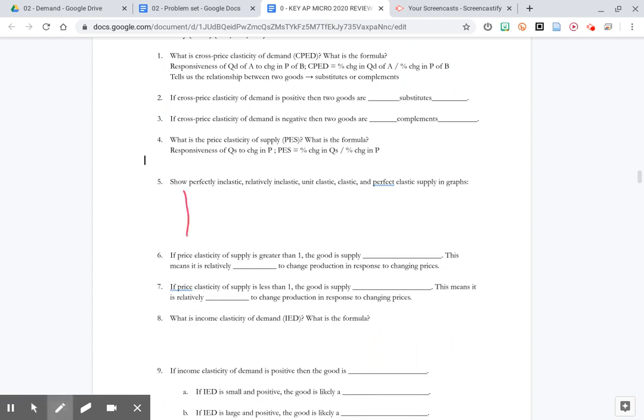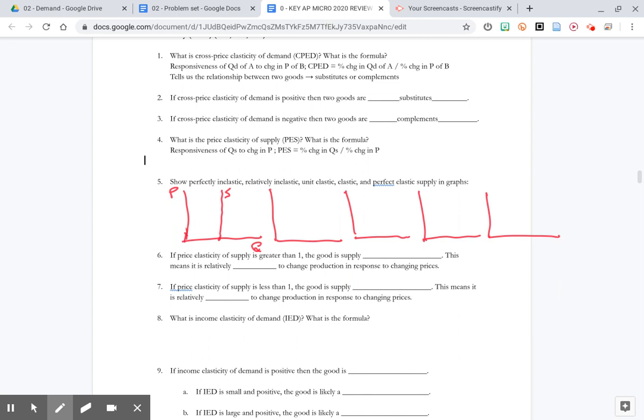So a perfectly inelastic one, we'll do P and Q just on this one, is going to be a vertical line, just like before. This would be like, say, Vincent van Gogh paintings, or seats in a stadium, where there's a really fixed quantity, and the suppliers are not going to be able to change the quantity, even if the price is low or the price is high.